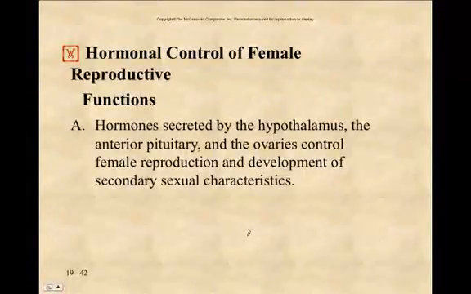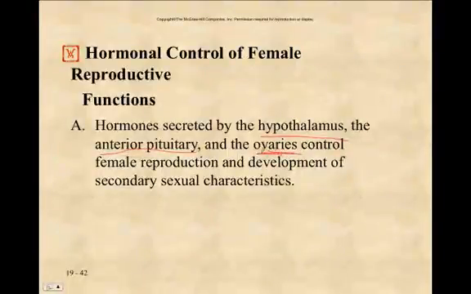Okay, so now let's get into the nitty-gritty in terms of how ovulation occurs, how menstruation occurs, and how hormones play a part in this. So hormones, again, are going to be secreted by the hypothalamus, as they were in the males as well, the anterior pituitary, and then the ovaries.